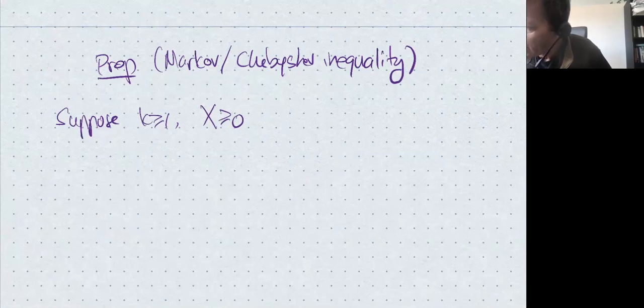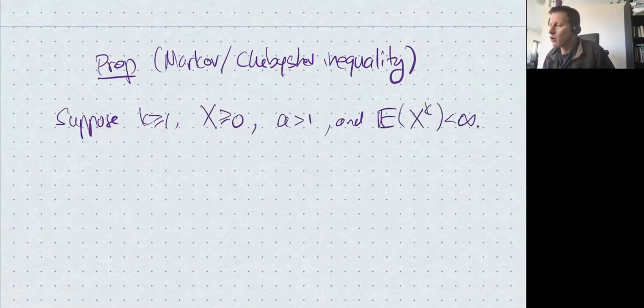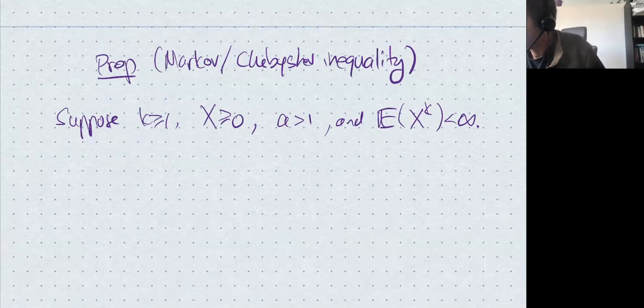And you have a parameter a bigger than 1, and you know that the expectation of x to the k is finite. So the kth raw moment, in the terminology I used earlier, is finite.